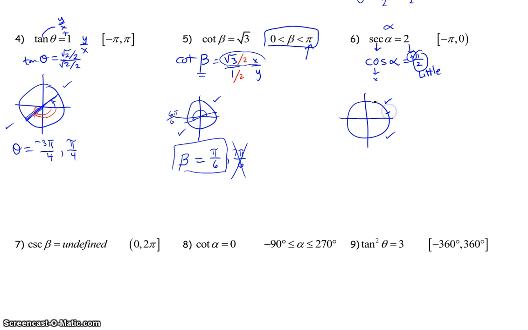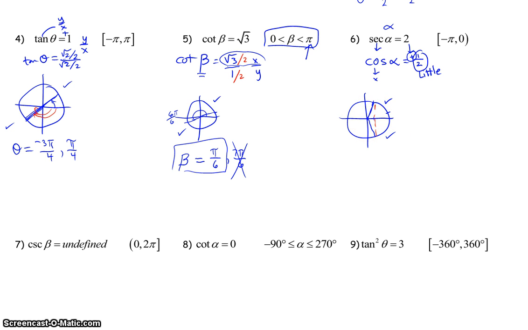So we've got a choice of either this one or this one for our terminal arms for big little. We want where cos, which is x, is little. Well, x would be smaller here, which means this is our answer. Quadrant 4 down here. Now you may have started to notice that tan, you go in a straight line to find the other answer. Cos, you reflect over the x-axis to get the other one. And sine, you reflect over the y-axis to get the other one.